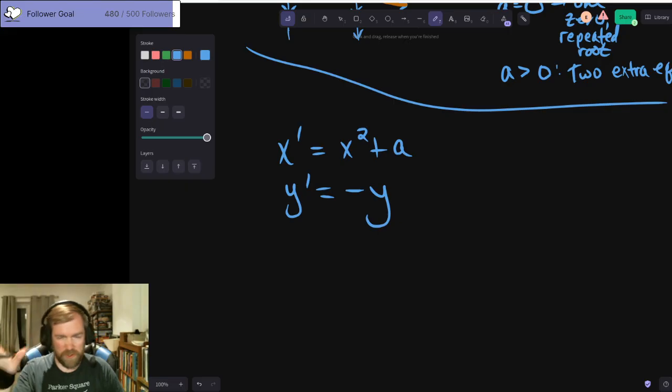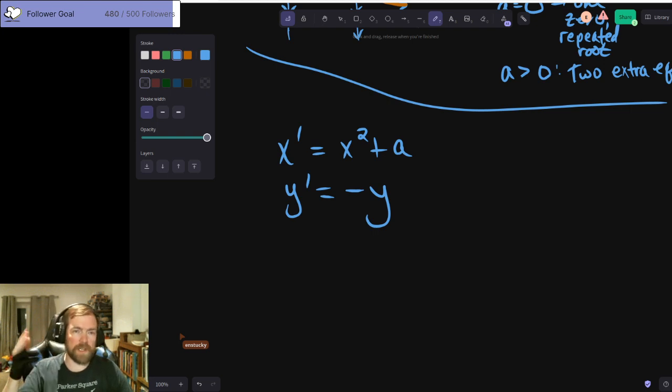So similar to but legally distinct from our previous system. Then we want to, again, take a look at this and say, what's going to happen based on the different values for a?